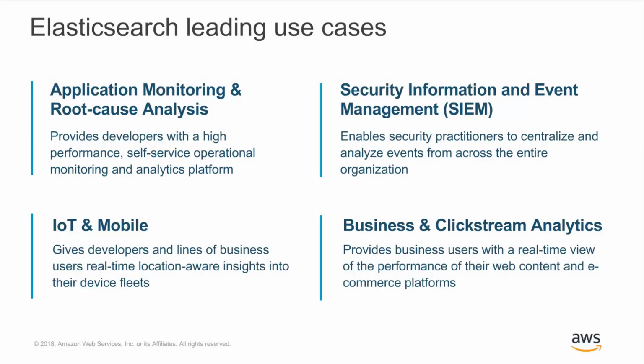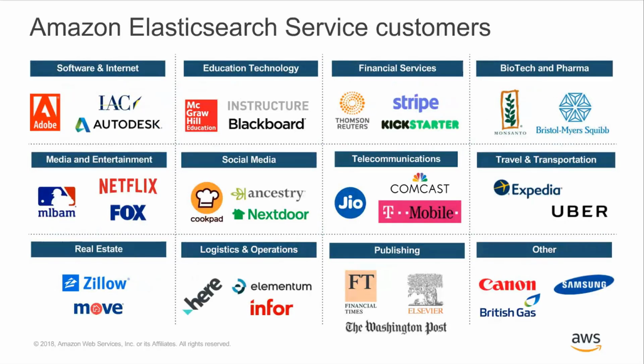In the IoT space, we have numbers of customers that are doing things like monitoring the temperature, humidity at different places in their fields, monitoring the usage of home heating devices, etc. For business analysis, you can flow your logs into Elasticsearch Service, and you can see, for instance, regional sales, or you can see, again, how people are using or interacting with your software to make decisions about how better to build it.